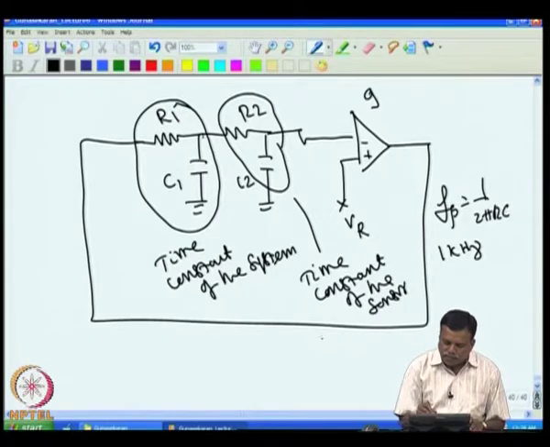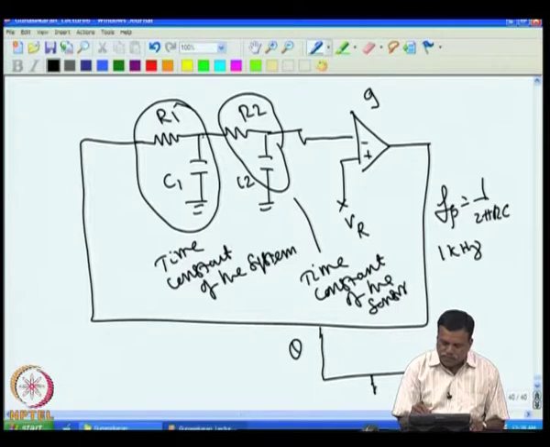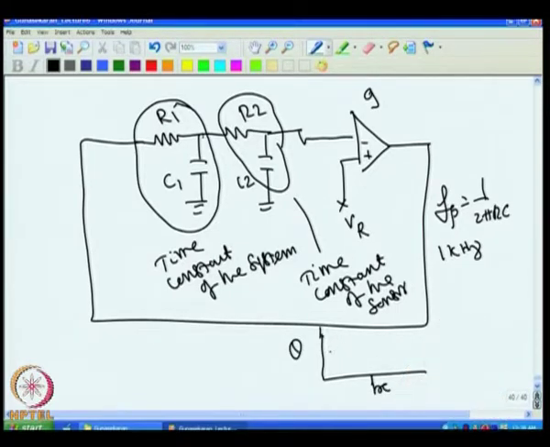If we plot the phase shift theta versus frequency, it is almost 0 degrees at low frequency, then at the pole frequency Fp it becomes 45 degrees, then at 10 times the pole frequency it becomes 90 degrees. Afterwards it almost stays there, stabilizing. So at 10 Fp the phase shift is 90 degrees.